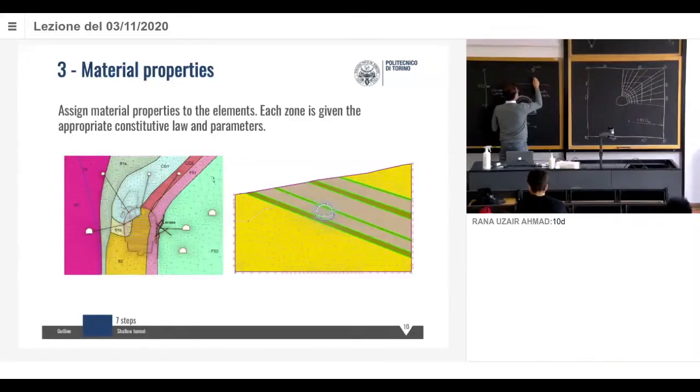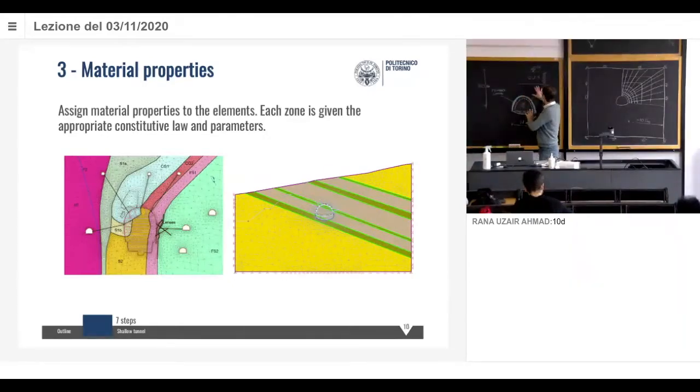This is geotechnical unit number 1 up here, and then we have geotechnical unit 2 down here. Okay, 2 separate geotechnical units. That means 2 separate sets of properties, maybe 2 different constitutive laws.